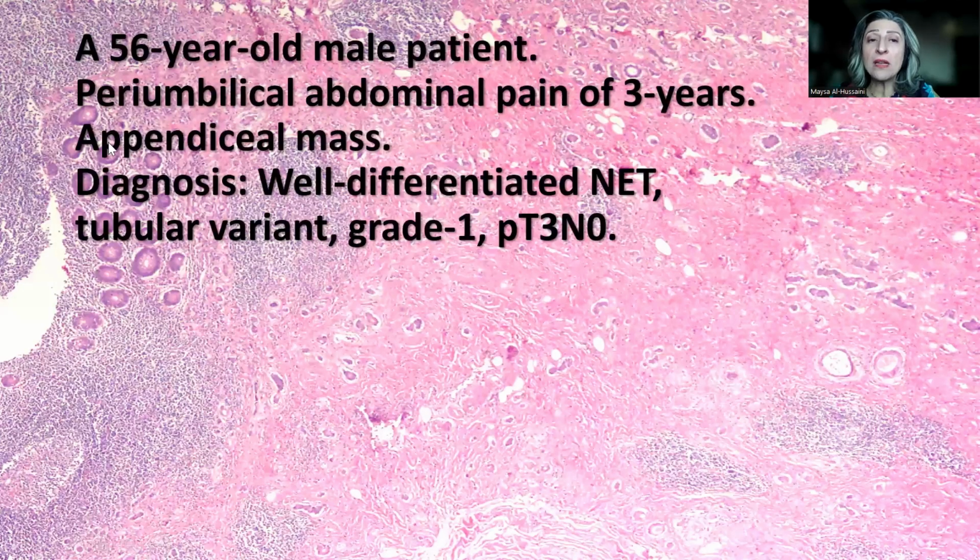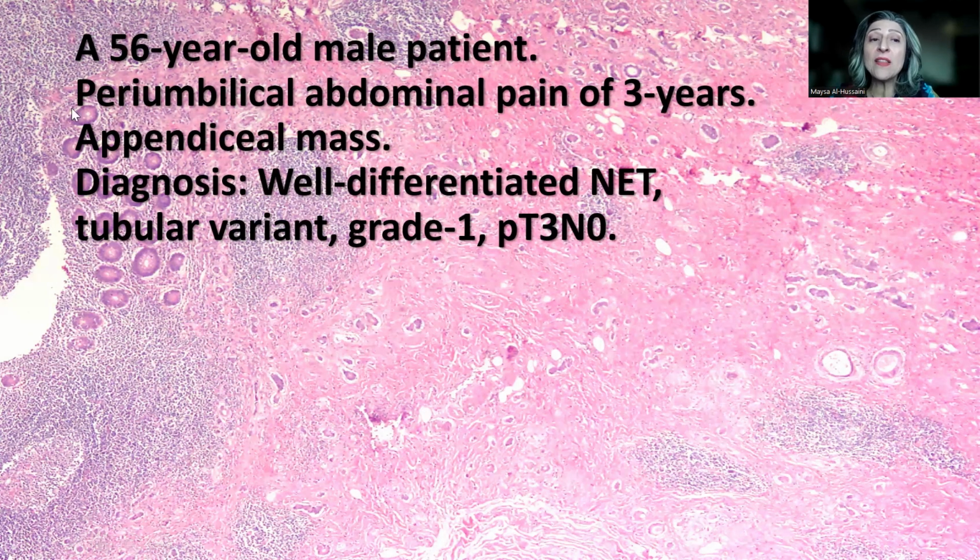So the final diagnosis in this case is well differentiated neuroendocrine tumor that is grade 1 because of the low mitotic count as well as the low Ki-67 proliferative index.